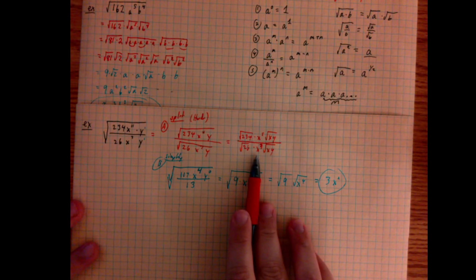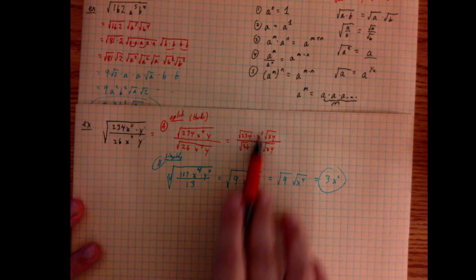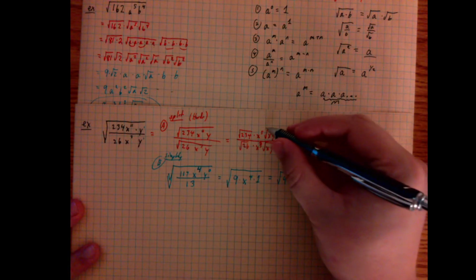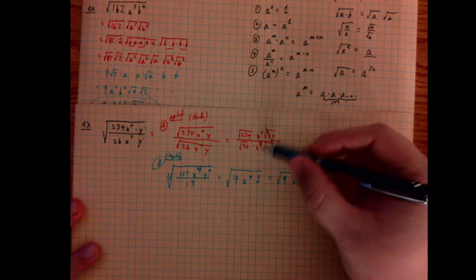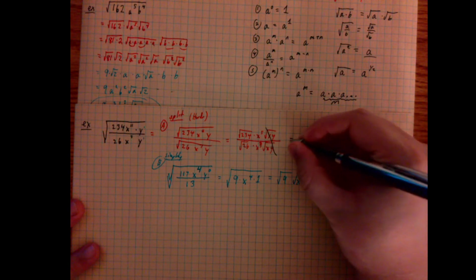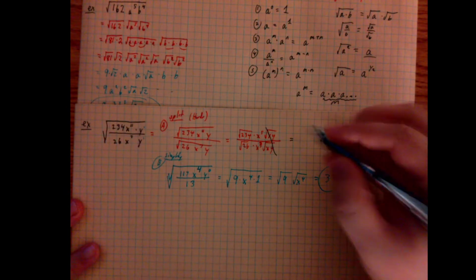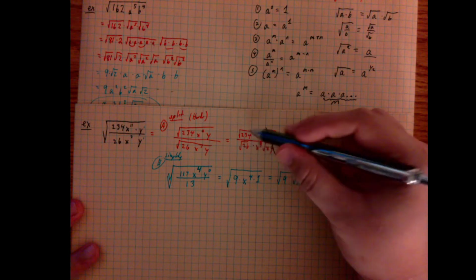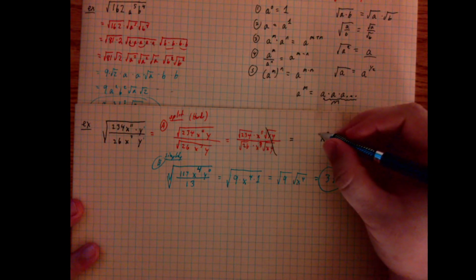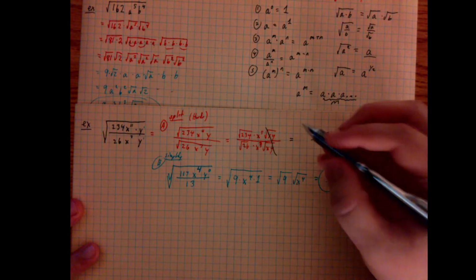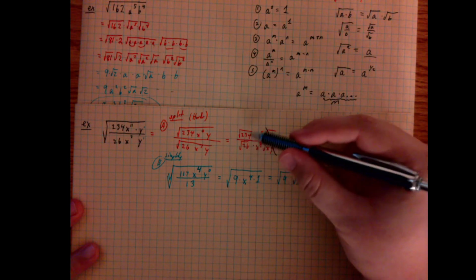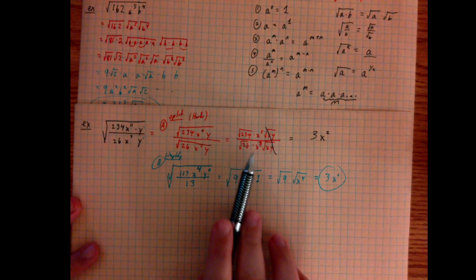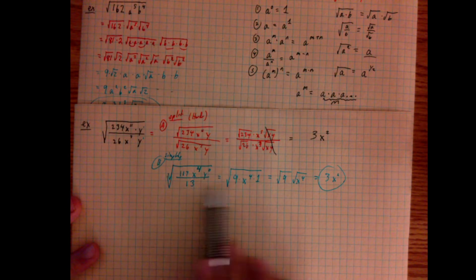Now, from here, you can obviously see that some stuff's going to cancel, right? x, y, and x, y on top and bottom should cancel. x to the 3rd, x to the 5th should cancel and become x squared on top. But then you have these radicals, and if you don't see that they go together, then you're going to quickly have to try to figure that out. But eventually, you will end up with 3. Because when you try to rationalize this, it will end up fixing itself. It's just a pain. This is a lot harder math to do compared to here.